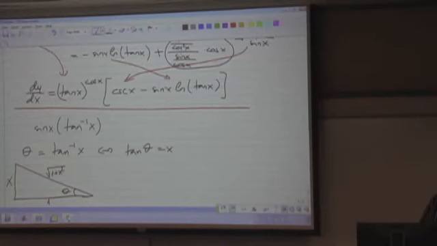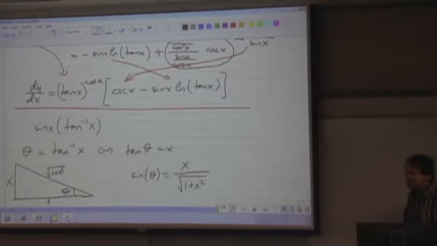And so we're asked to find what sine of tangent inverse means. We're asked to find what sine of theta is, and we just pick it up from the triangle: x over the square root of 1 plus x squared. Is that making sense? Well, that is the answer.